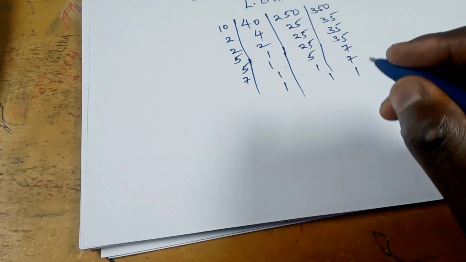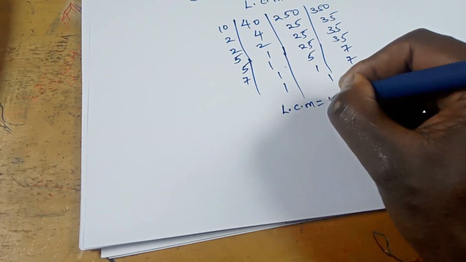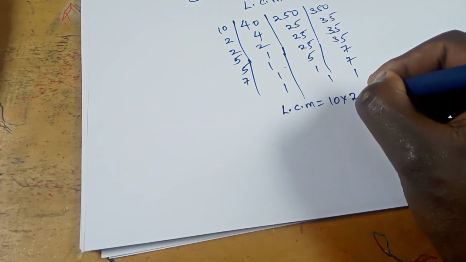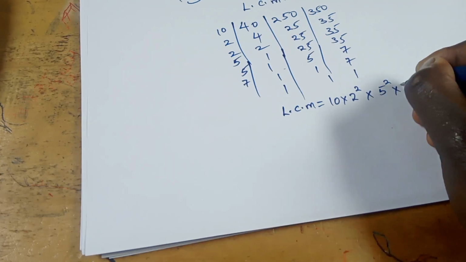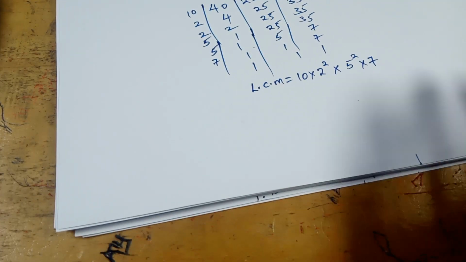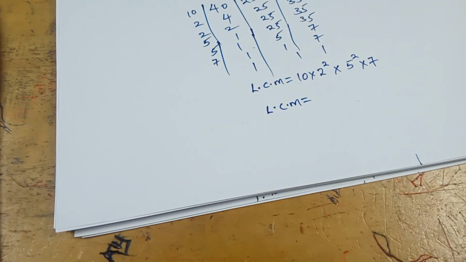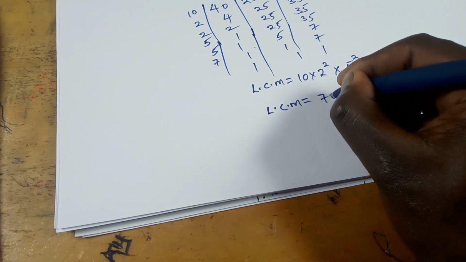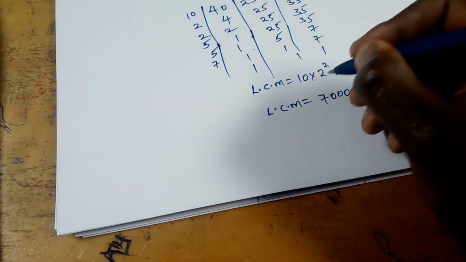Therefore, the least mass in grams, that is our LCM, will be equal to 10 times 2 squared times 5 squared times 7. When you determine your LCM, you are going to get 10 times 4 times 25 times 7, which is 7,000 grams.